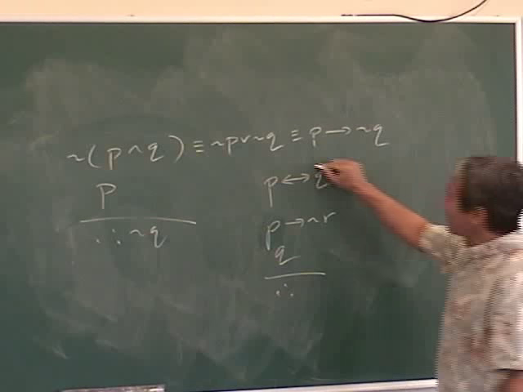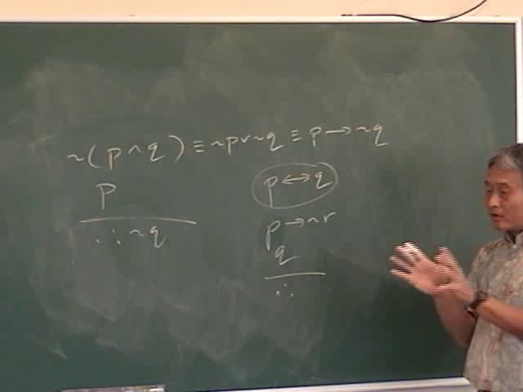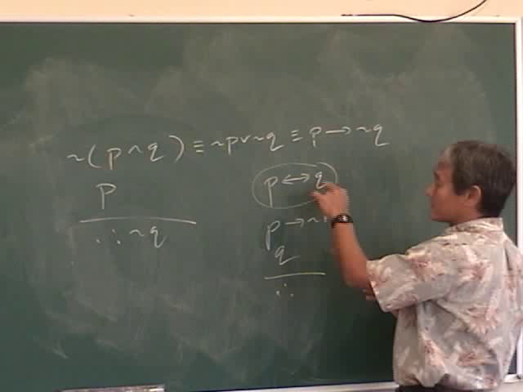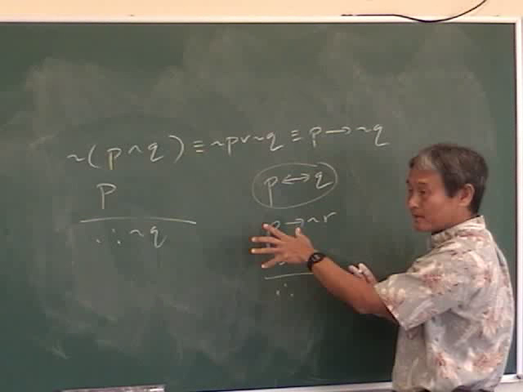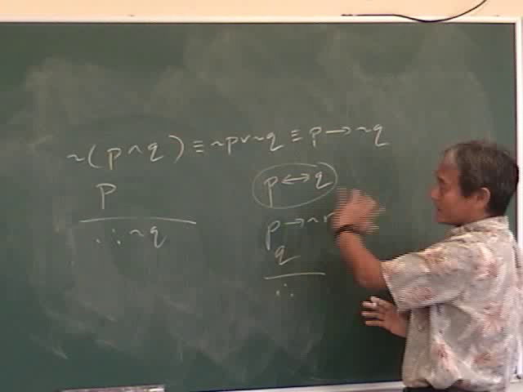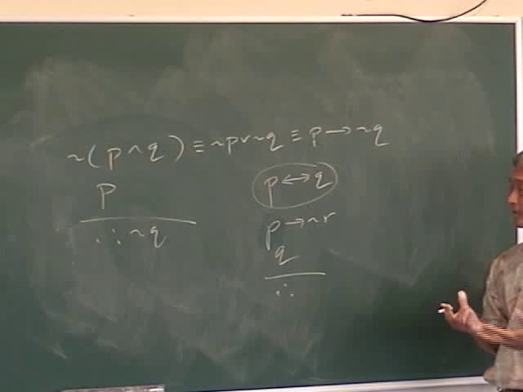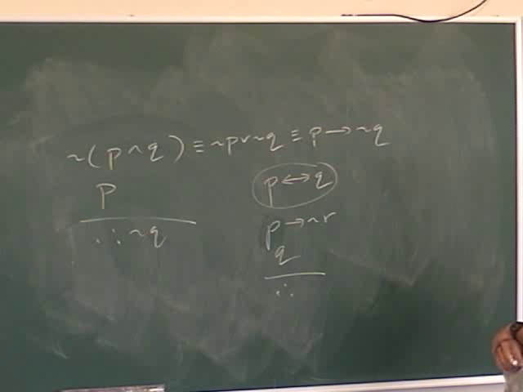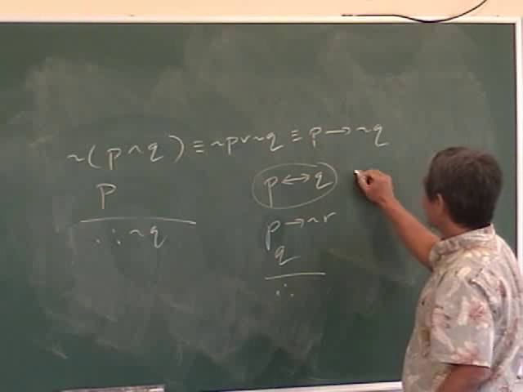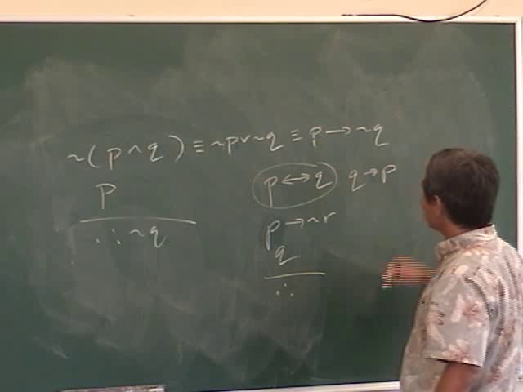Now when you have a biconditional statement, you can remember what it means. It means P implies Q and Q implies P. So you can use it in either direction. So you use it in the direction that's going to be helpful to you now. In this case, you want to use it as Q implies P.